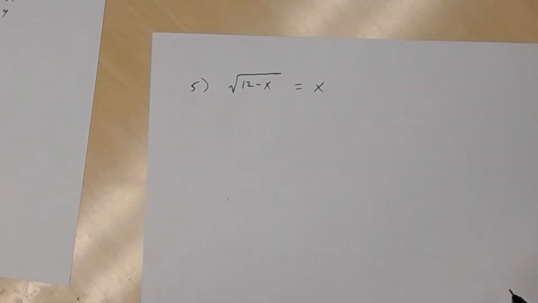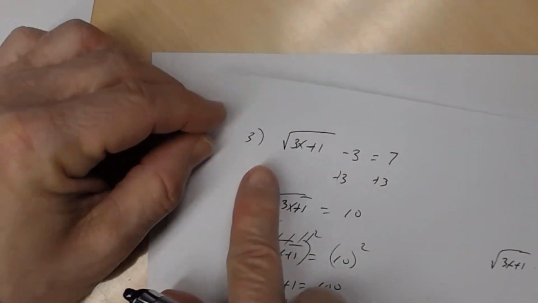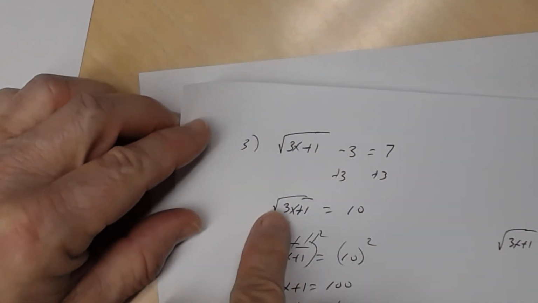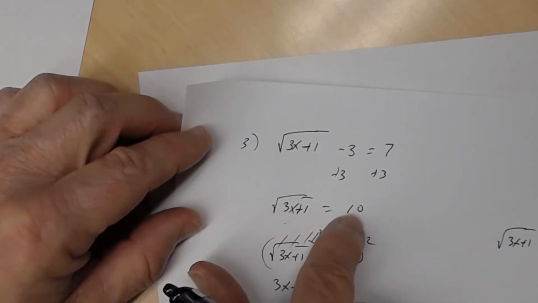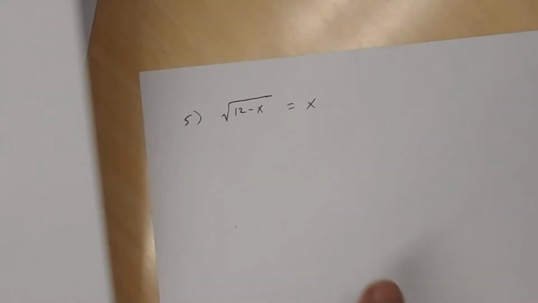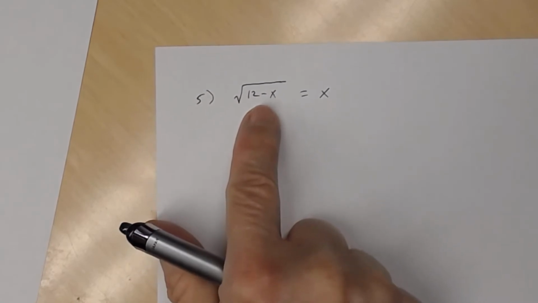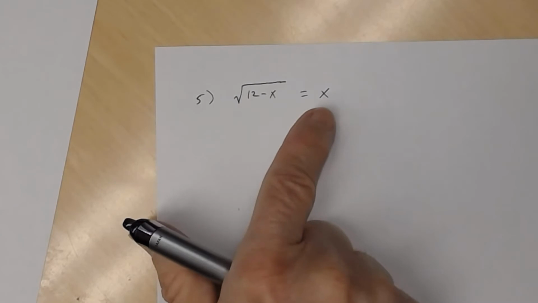Now this is a situation where we're going to have variables on both sides. When I solved problems 3 and 4, well, let's say 3 for right now, I got just the number on this side. Now, if you look at this, I have a square root by itself, so the square root expression is already isolated, but I have a variable here.